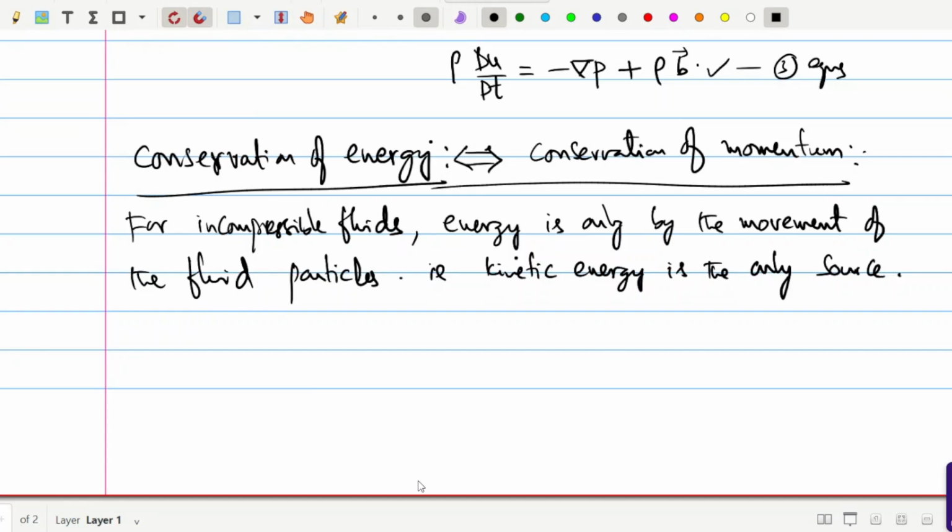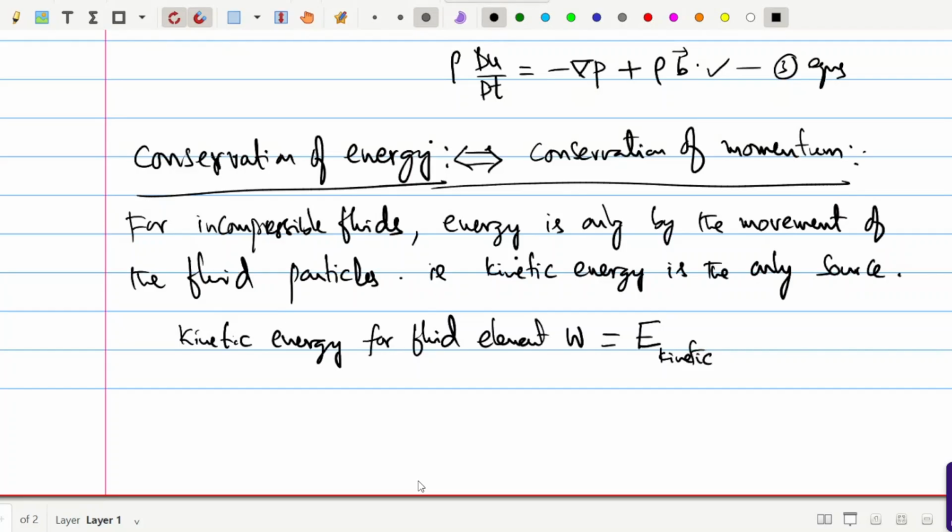Kinetic energy of a fluid element, for example, W. So we'll write this kinetic energy for fluid element W as E kinetic, which is equal to half m v square, right?